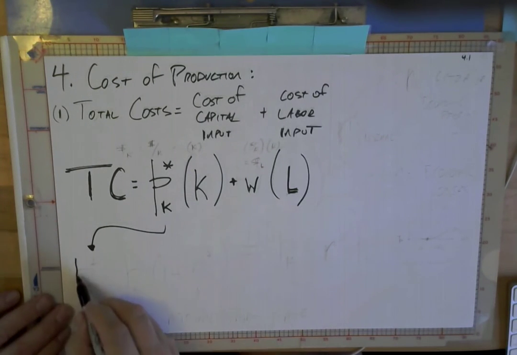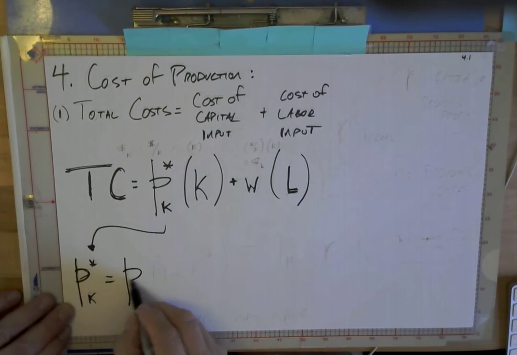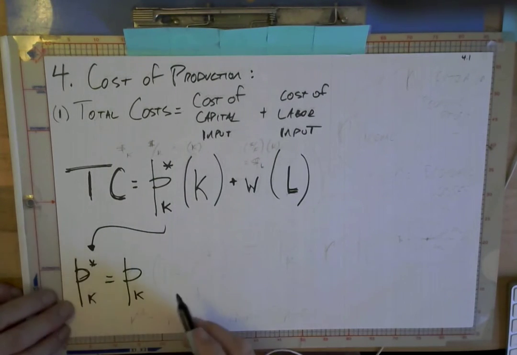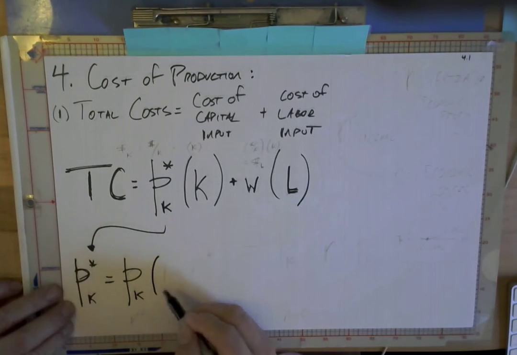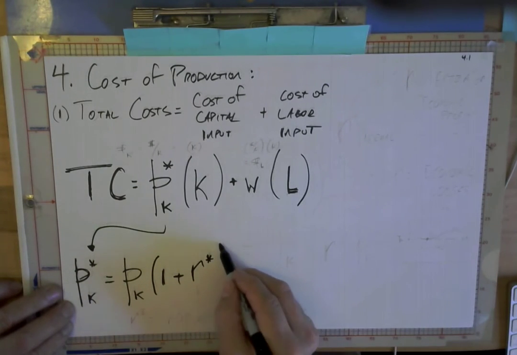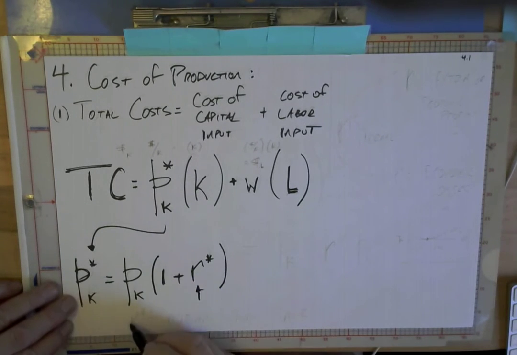So we say P star K, the price of the capital input, is going to be equal to PK without a star, which you can think of as the investment price or the cost price of the capital input, multiplied by 1 plus R star, where R star by definition is the normal rate of profit.